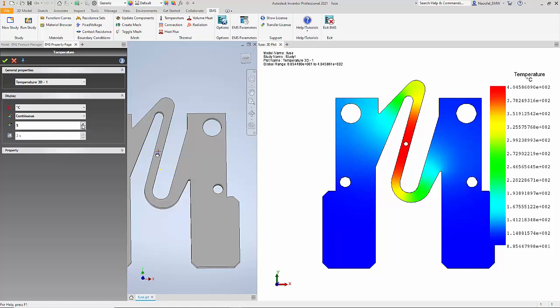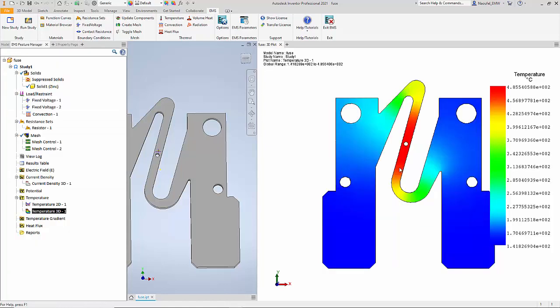We can also increase the time step so we can study the temperature distribution at various times. So this is the temperature distribution of the fuse after about 2 seconds. And you can see that the temperature is about 485 degrees centigrade, which is close to or actually exceeds the melting point of zinc, which is about 420 to 450 degrees centigrade.